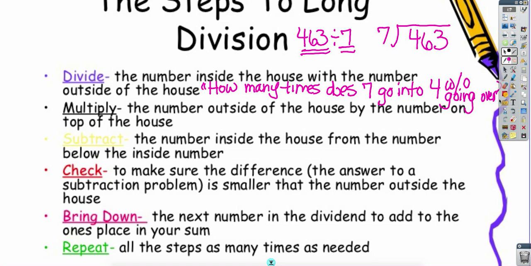So then multiplying, all right, is the next step that we'll be doing. Then we'll be doing subtracting. Then we're going to make sure that our answer in our subtraction is correct before we actually bring down. And then we're going to repeat all the steps as many times as needed. Okay, so let's get started.